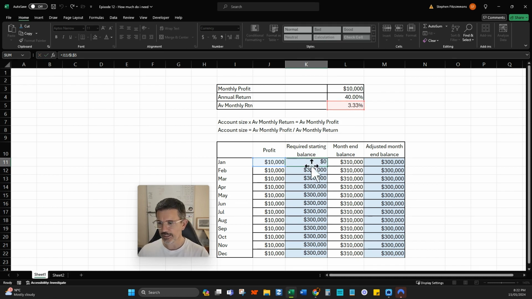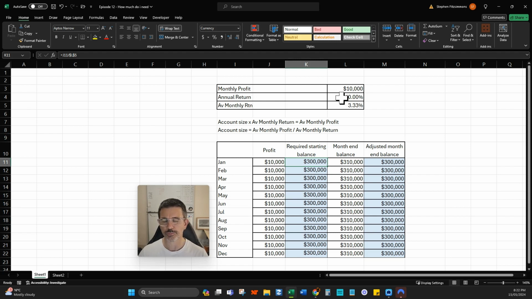And then you can see that to be able to take $10,000 a month at this annual rate of return, which isn't untypical, let's just say that, you'd need a starting balance of $300,000.